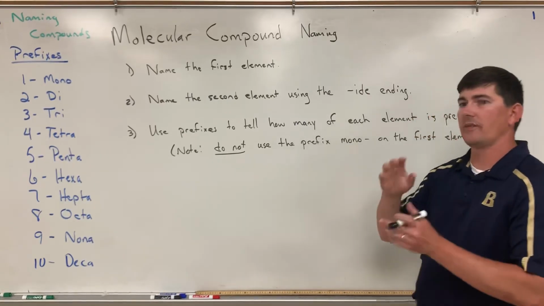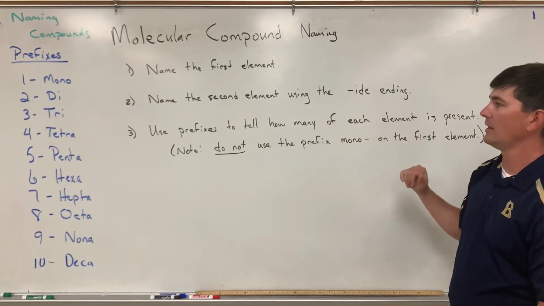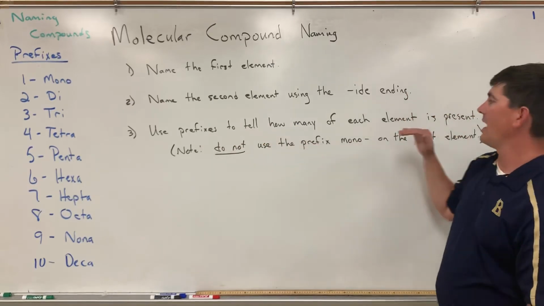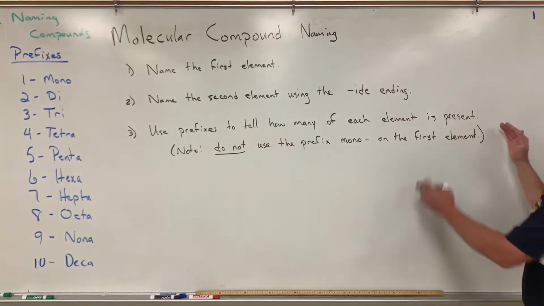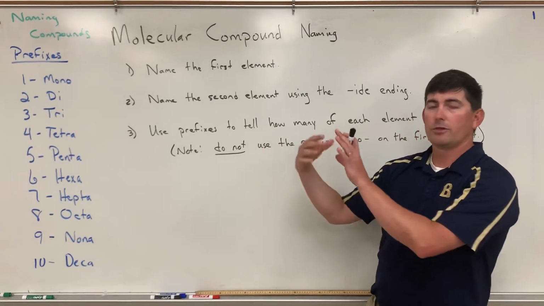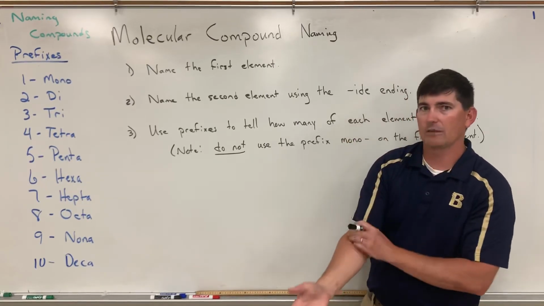So we just take that last part out and put ide in its place. And then we use prefixes to tell how many we have of each of the elements that's present. So we put a prefix on both the first element, the first word, and the second element, the second word, okay?